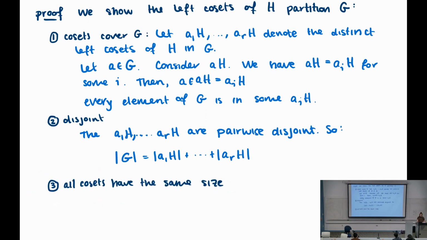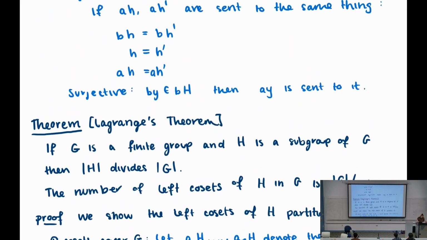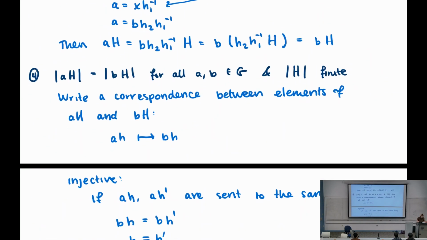But then we also showed that all cosets contain the same number of elements. That was part 4, this part.